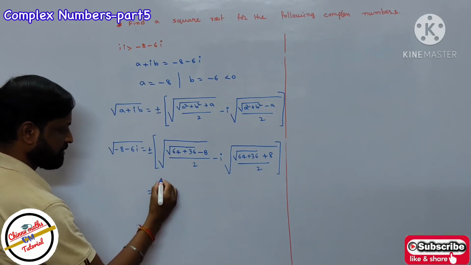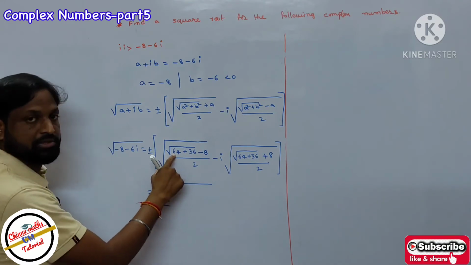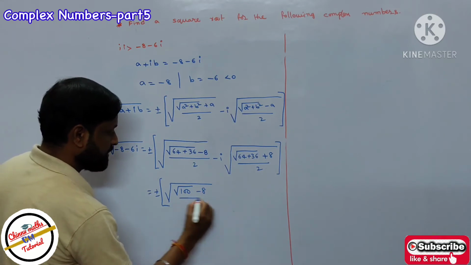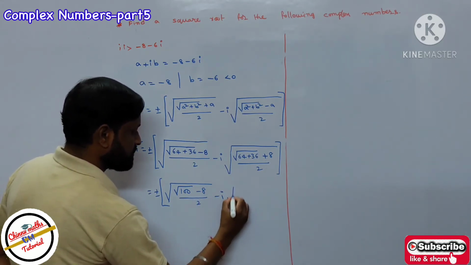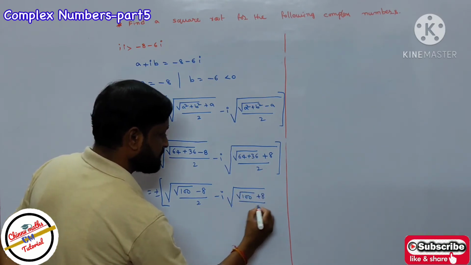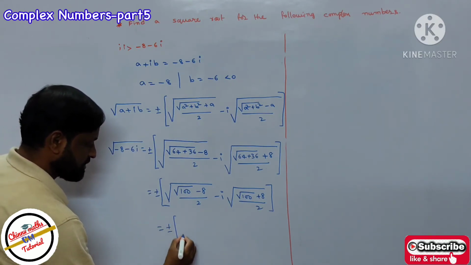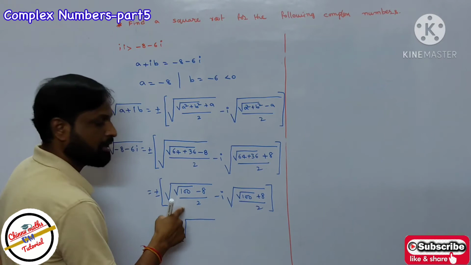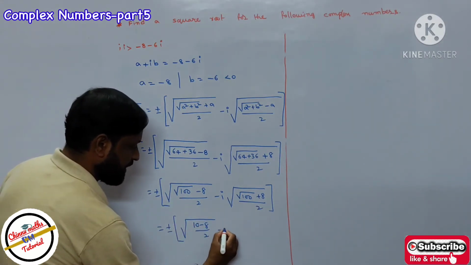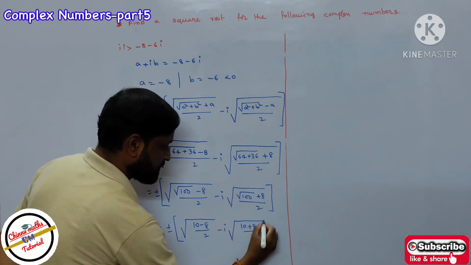It is equal to plus or minus square root of 36 plus 64 equal to root of 100, minus 8 by 2, minus i into square root of 100 plus 8 by 2. The root of 100 equals 10. So 10 minus 8 by 2, minus i into square root of 10 plus 8 by 2.